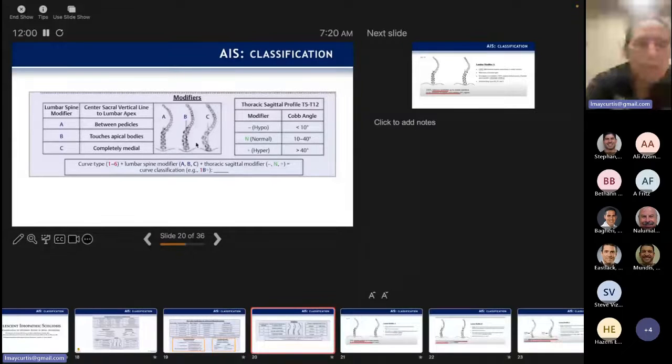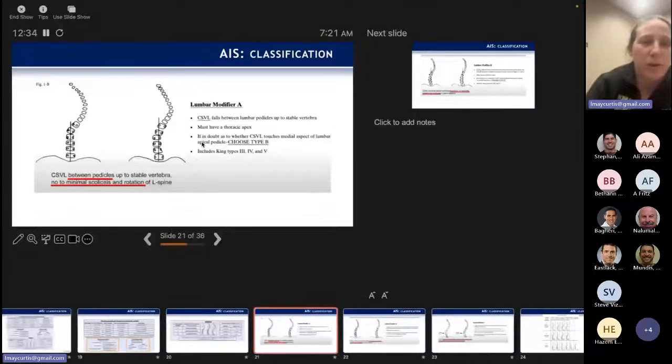Just to revisit, the central sacral vertical line is pretty much the same as the central sacral line that Moe talked about, except you're not using the iliac wings. It's just a vertical line that bisects the sacrum. And then you're looking at where that intersects the apical lumbar vertebra. If it hits between the pedicles, that's an A. If it's a B, it touches the pedicles. And then a C, it's not even touching, it's completely medial.